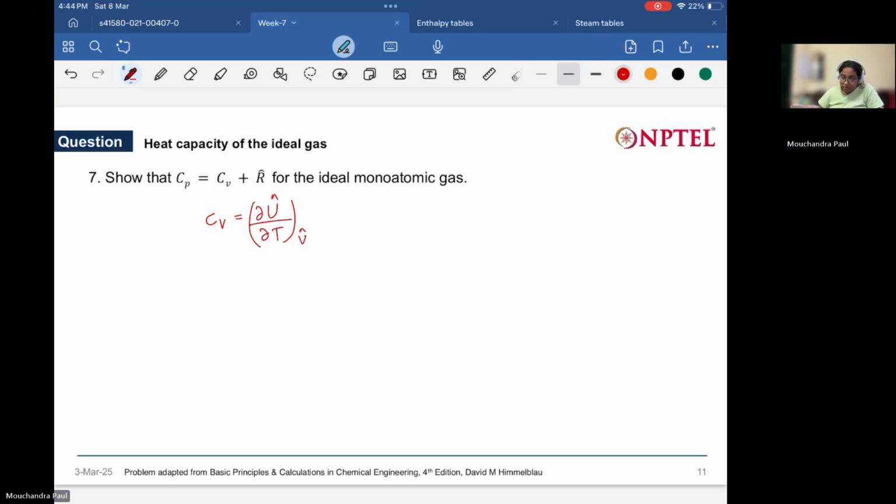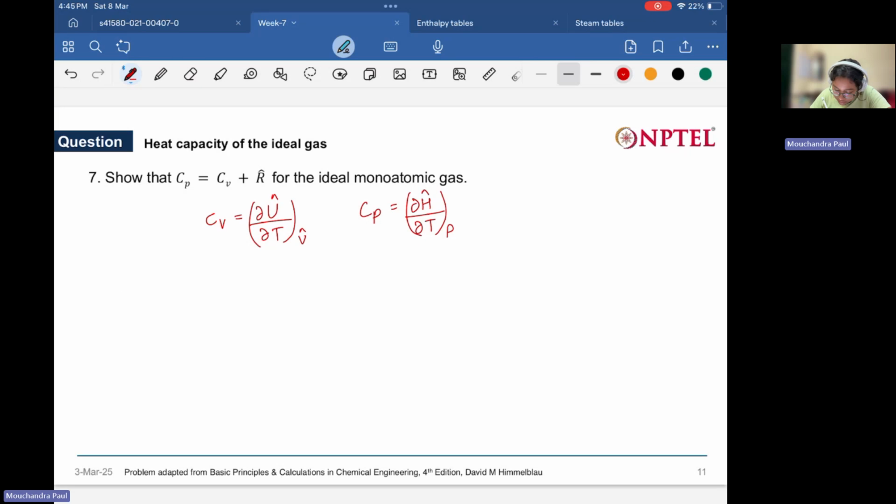Whereas Cp is delta H cap by delta T at constant pressure.